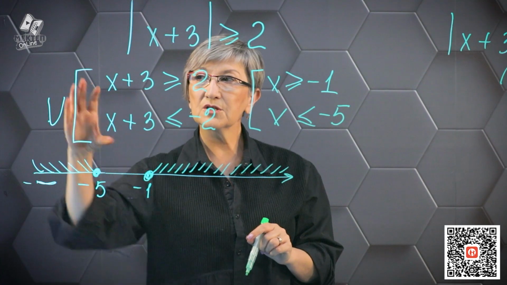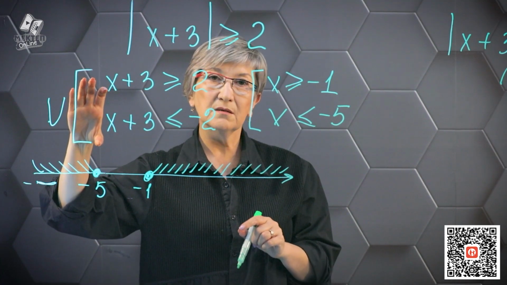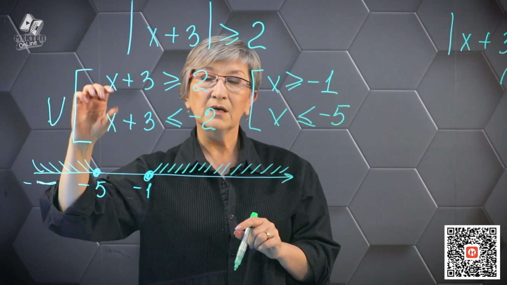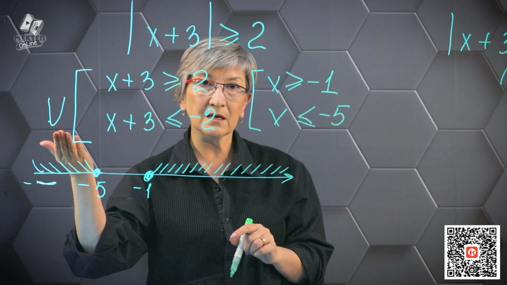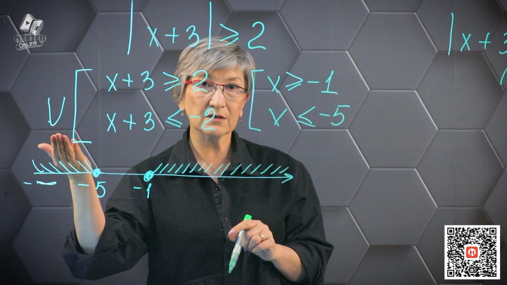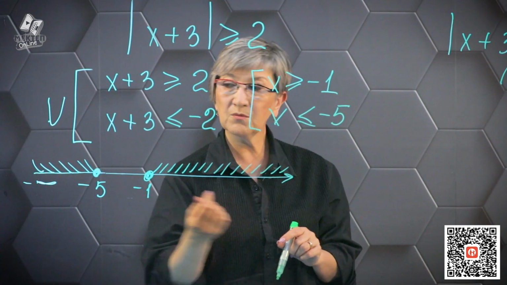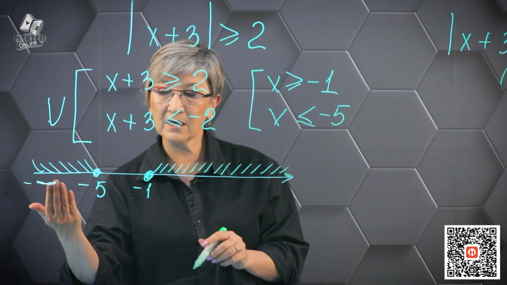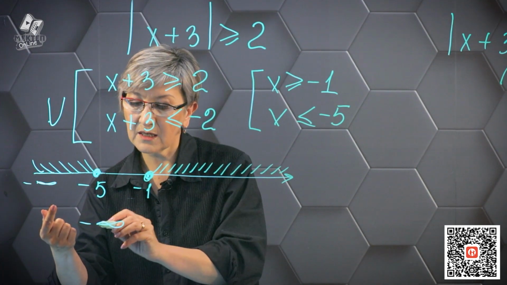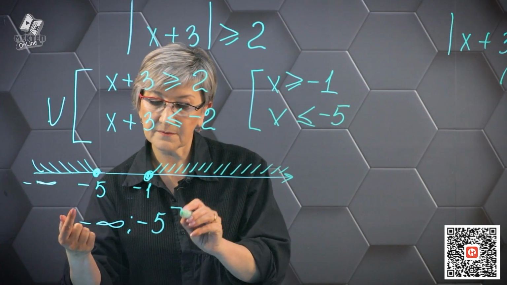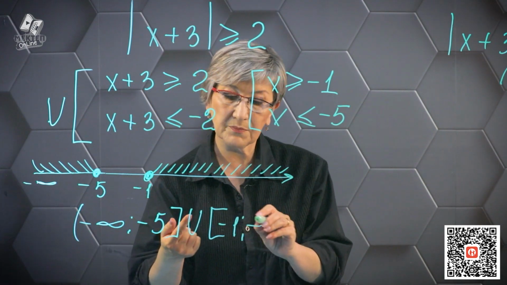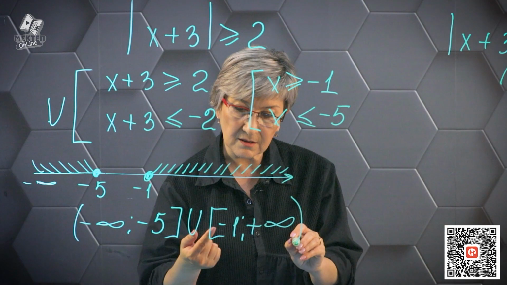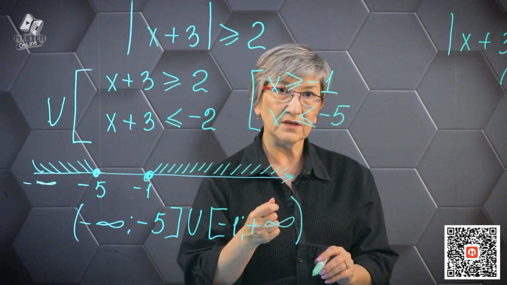In the answer, I have to write down the set of numerical intervals. In order to write the aggregate, I must write the union of the resulting numerical intervals. And on the coordinate line, I write the intervals from minus infinity to minus 5, and from minus 1 to plus infinity. That will be our answer.